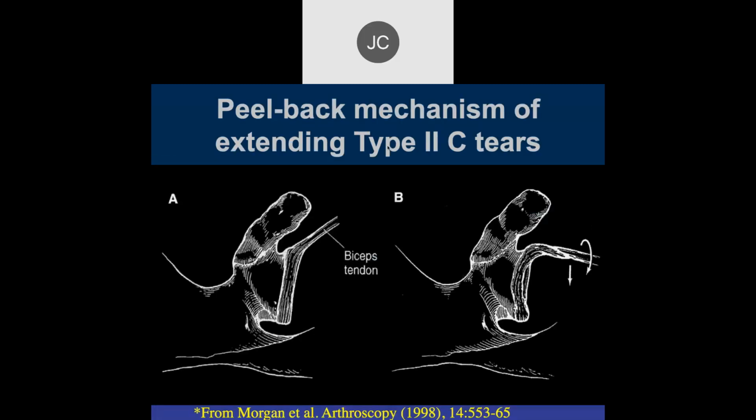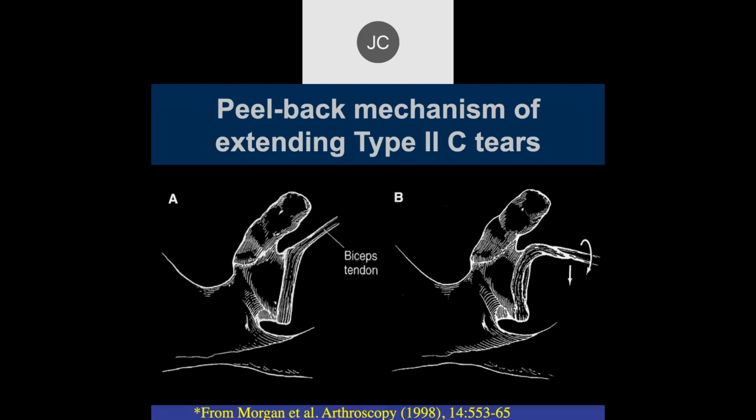papers that were published. Now, another type of type 2, usually associated with type 2Cs, is called a peel-back mechanism, which also came from Morgan and their group. And this is typically in overhead throwers. When you get into the throwing position where you cock the arm for throwing, you actually twist and yank on the biceps tendon, which can start a tear, which can start ripping the biceps at its attachment to the anchor here.